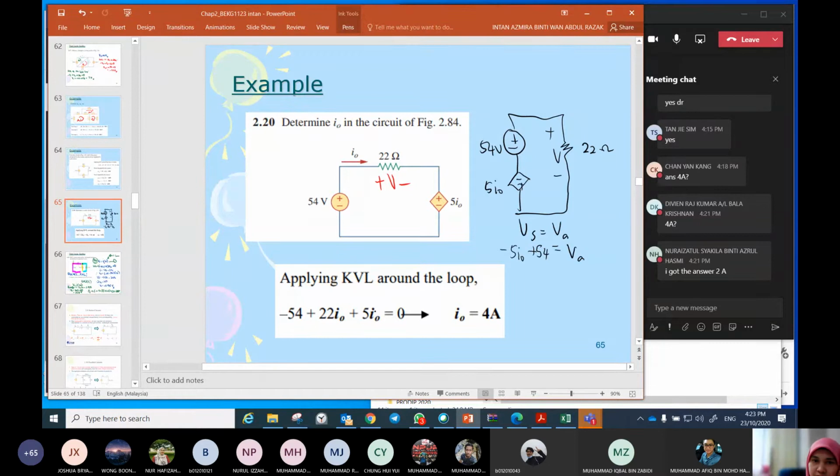So VA here is what? 22 I0, right? Yes. So we can find 22 I naught plus 5, right?